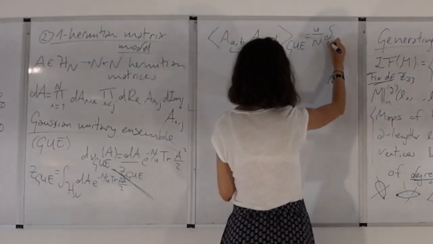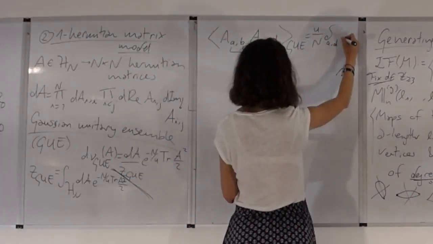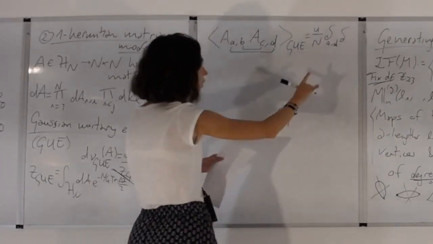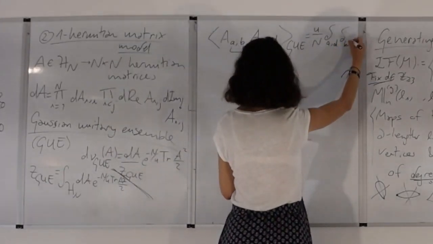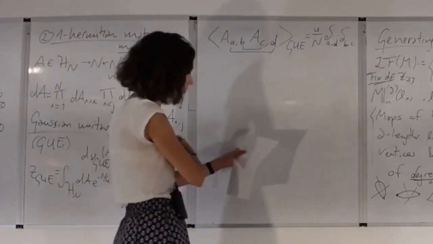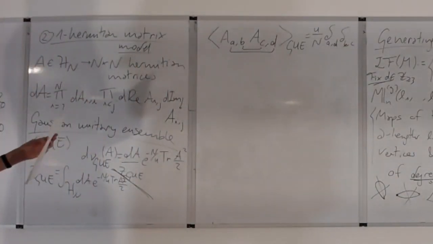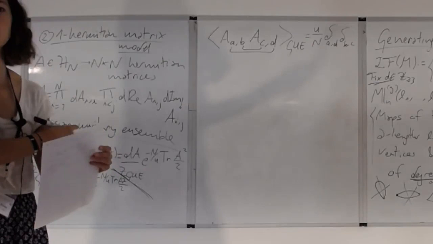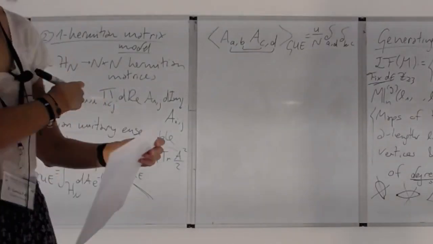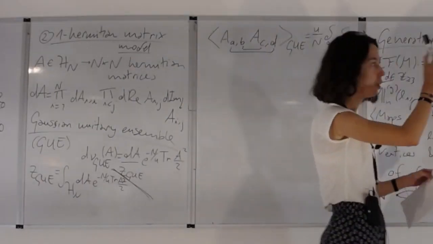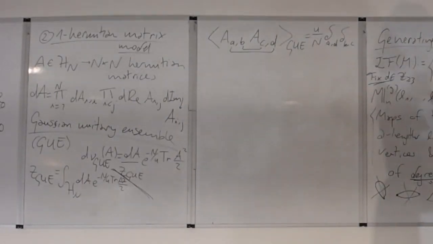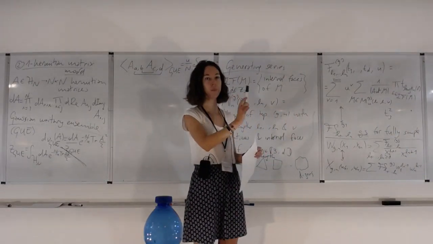Delta AD will be 0 when they are different and 1 when they are the same, and delta BC. U is just a parameter, but it will eventually be the parameter for the vertices, for the number of vertices.